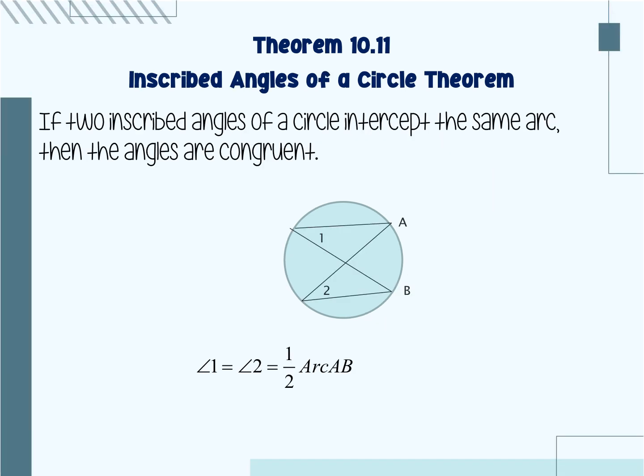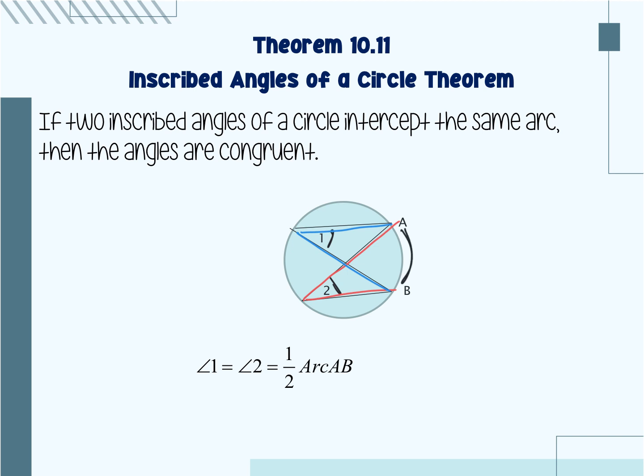So theorem 10.11 is the inscribed angles of a circle theorem. If two inscribed angles of a circle intercept the same arc, then the angles are congruent. So what I was trying to say is angle 1 and angle 2 are going to be congruent, because if you follow their path, they land in the same arc. So angle 1 and angle 2 both have arc AB as their measure.